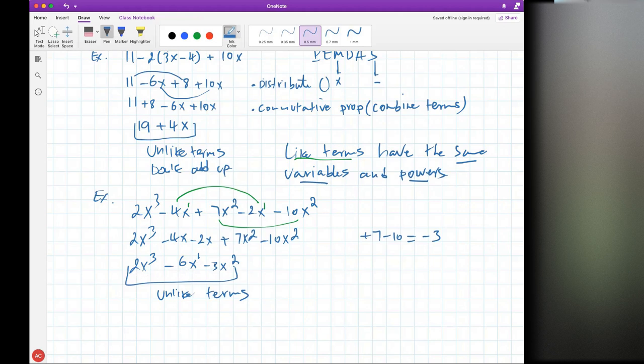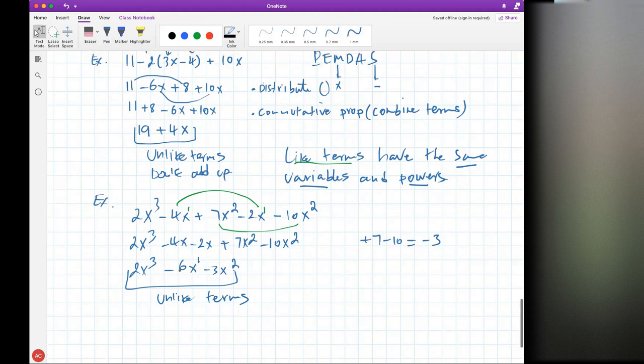So we stop here. We could arrange the powers from the highest to the lowest, putting power 3, then power 2, then power 1, but it's not a big deal. It's okay if you leave it like this, or you may rearrange the terms in descending order of powers.